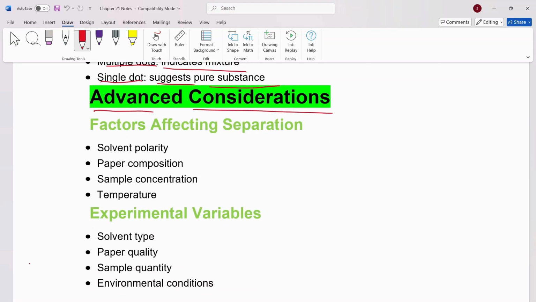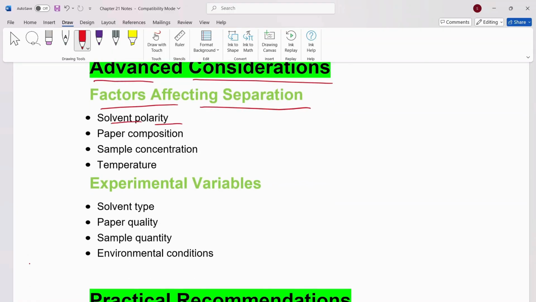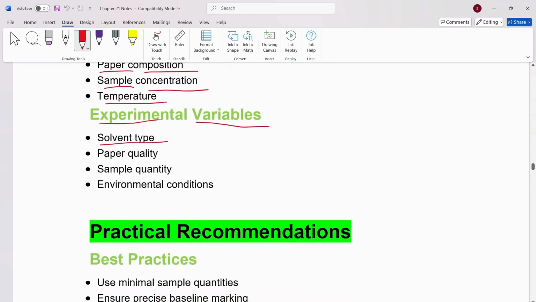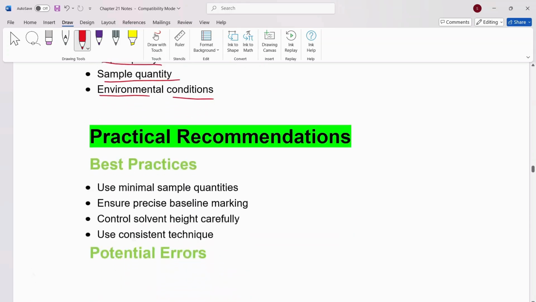Some advanced considerations: factors affecting separation are solvent polarity, paper composition, sample concentration, and temperature. Experimental variables will be solvent type, paper quality, sample quantity, and environmental conditions.